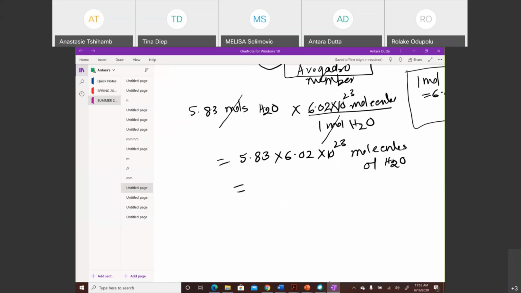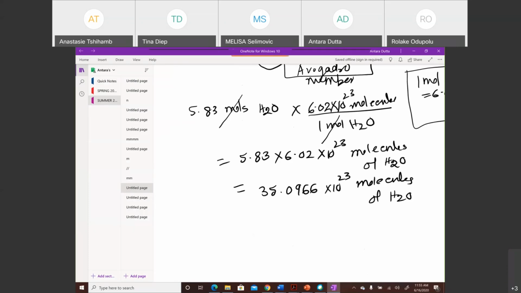So that means 6.02 times 5.83, 35.0966 times 10 to the 23 molecules of water. Now, since I'm from old school, how I do calculation, you know, I separate out.